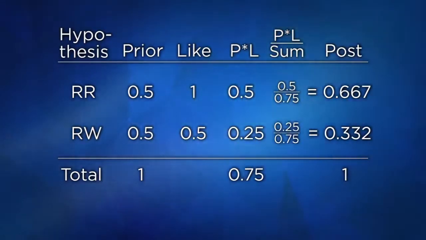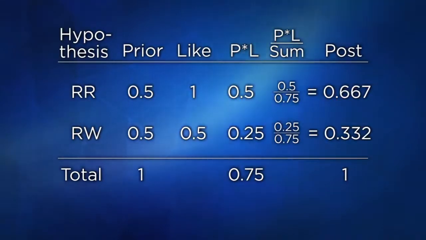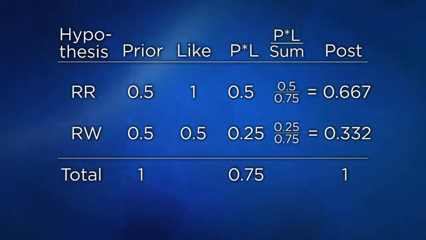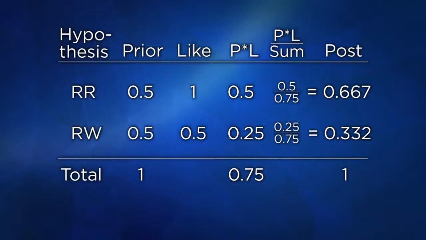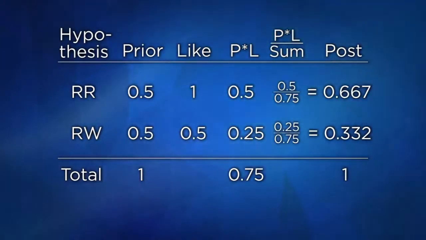So having drawn one red, I'm now about 67% confident that the other ball is a red, and I'm about 33% confident that the other ball that we haven't observed is actually white.